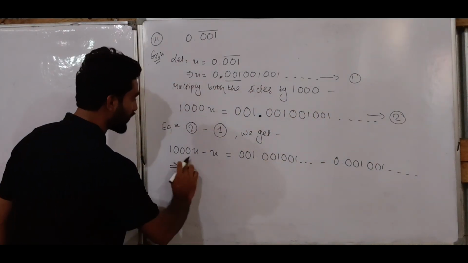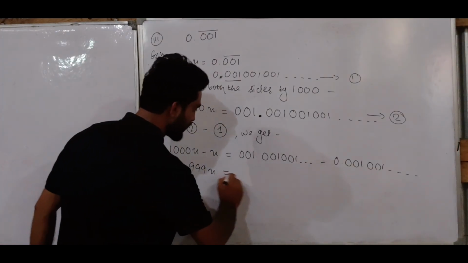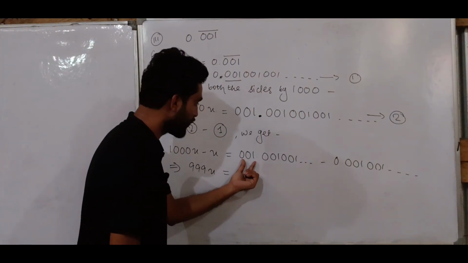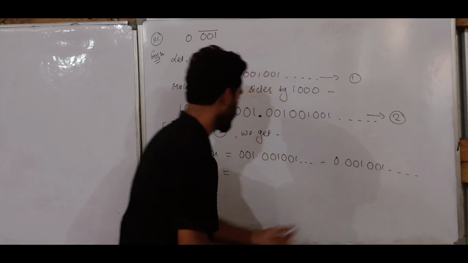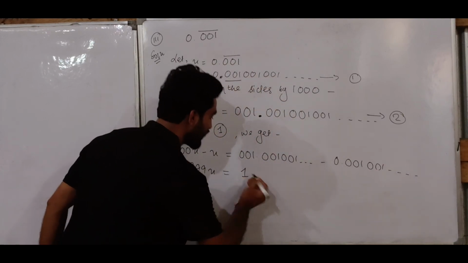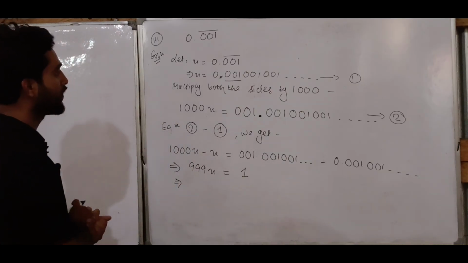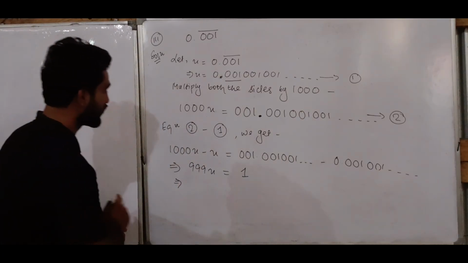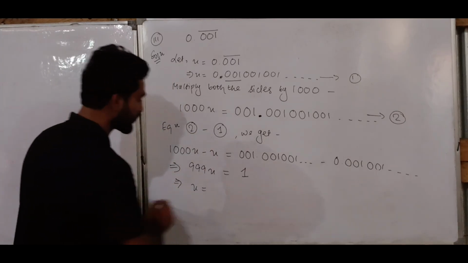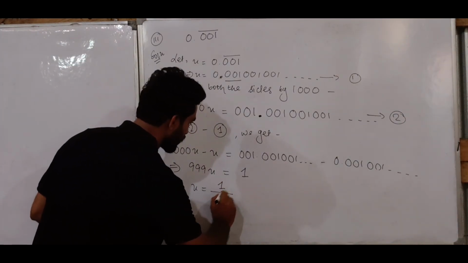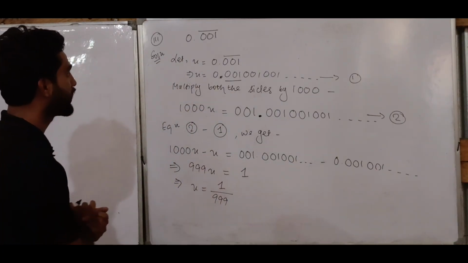Now you see 1000x minus x is 999x is equal to, here what is there? 1.000 like this, minus 0 point this. So if you subtract this, what will we get? 1. So x will be equal to 1 divided by 999.